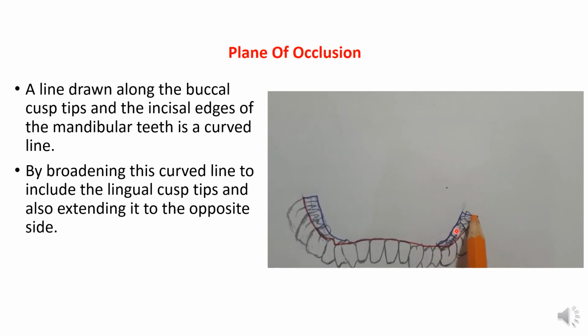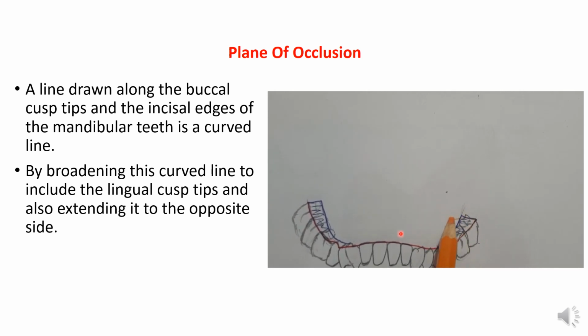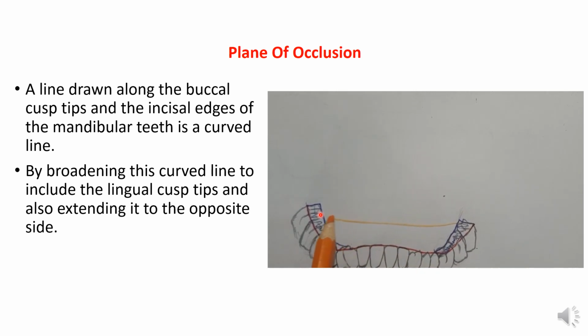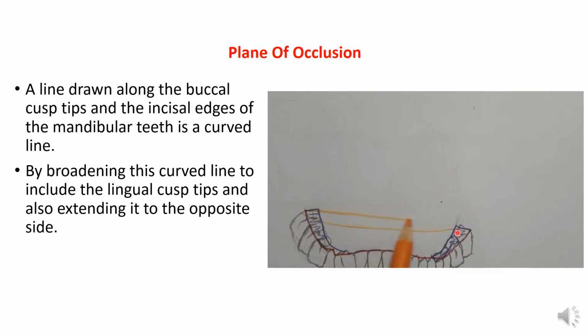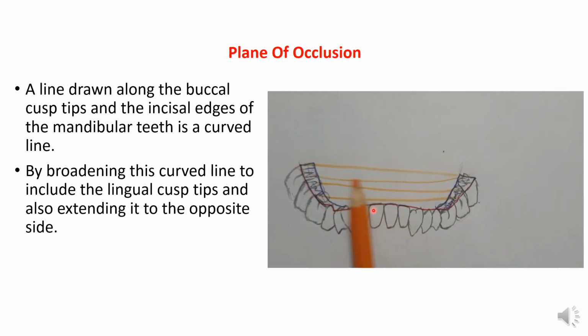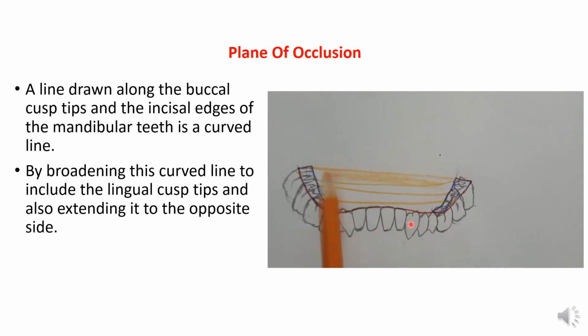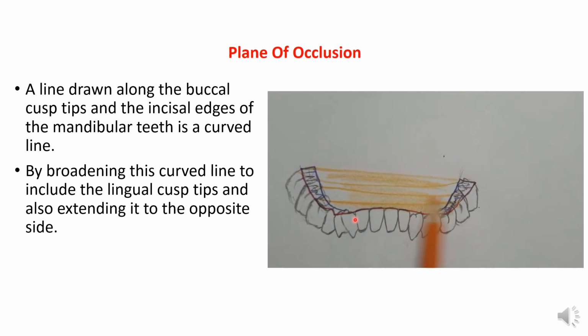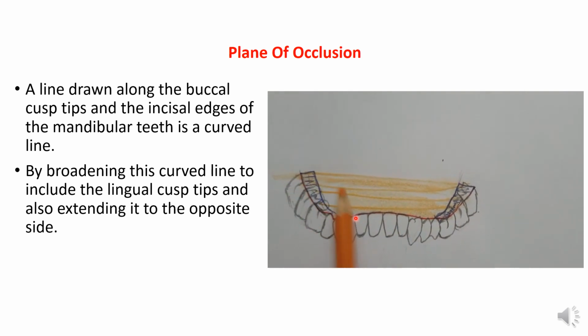Then we extend it to the opposite side. So this forms the plane of occlusion. This is what we call the plane of occlusion.